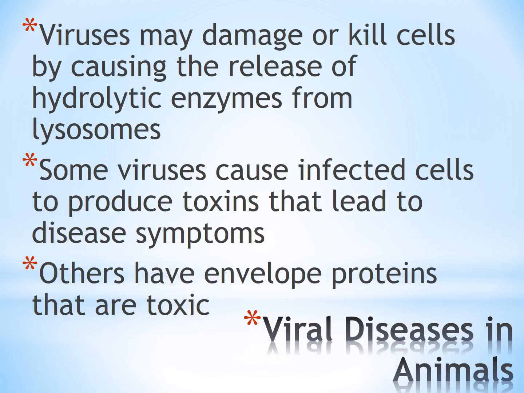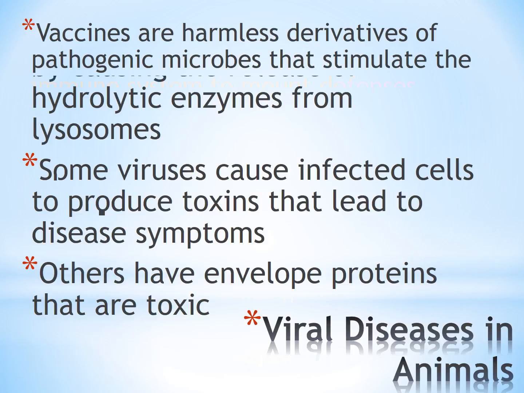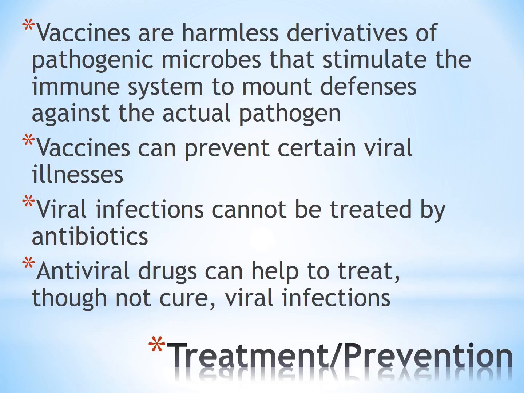So, for example, in scarlet fever, it causes a release of toxins, which causes you to get a rash on your chest. For other ones, the envelope proteins themselves are toxic, and so they harm the cells just by the envelope proteins.